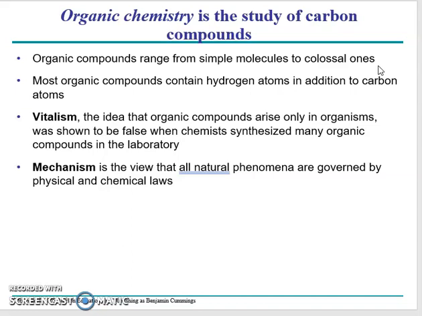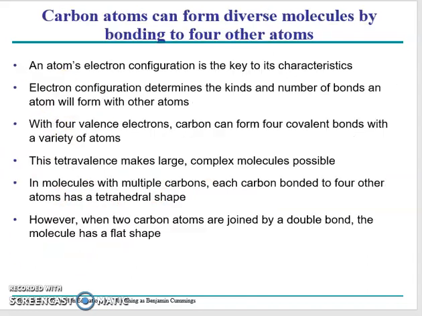It's important to understand that vitalism was pretty much disproven, so we know that organic compounds can be made, at least in the lab, without life. We have not yet broken this law, and we've seen it apply in every case. So I would say mechanism is the tried and true one. Vitalism was disproven a while ago.